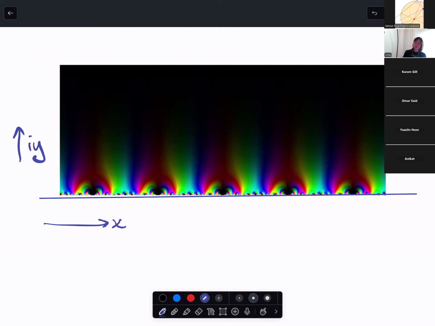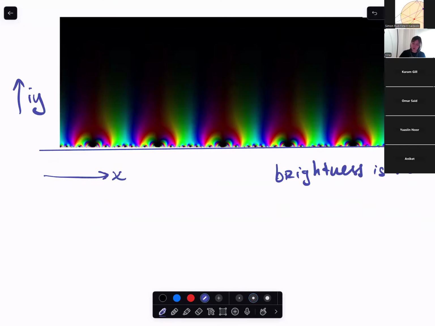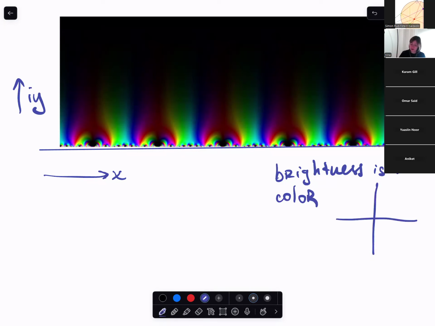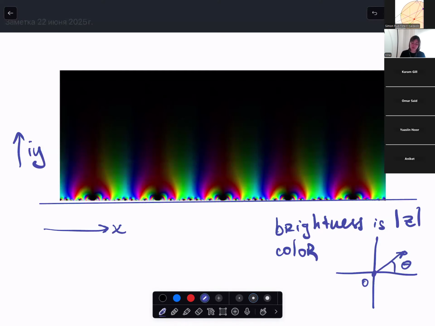One is how bright it is, and that brightness is the absolute value of the complex number, so how far it is from the origin. And the color represents the angle. So if you take the upper half plane, say this is the origin, you take a complex number, there's an angle.